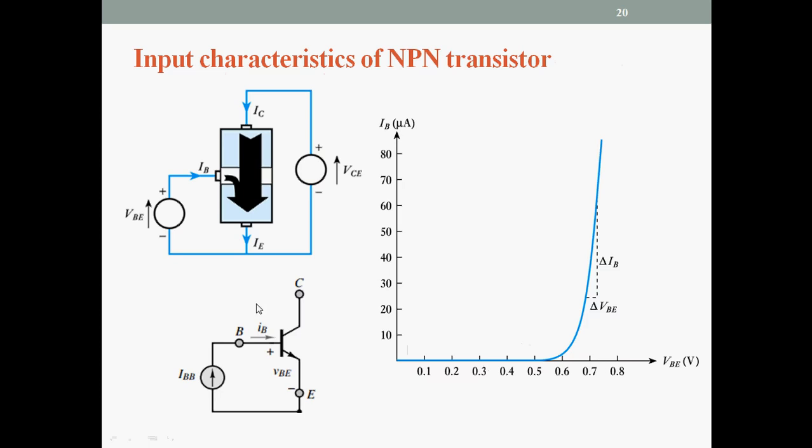Here we have the NPN transistor in its active mode. Whenever we apply base emitter voltage between the base and emitter, we can see, with base emitter voltage on the x axis and IB current on the y axis, that as we slowly increase the base voltage, it has to overcome the cut-in voltage, that is 0.6 volt for silicon and 0.3 volt for germanium.